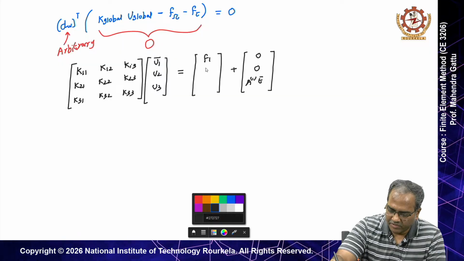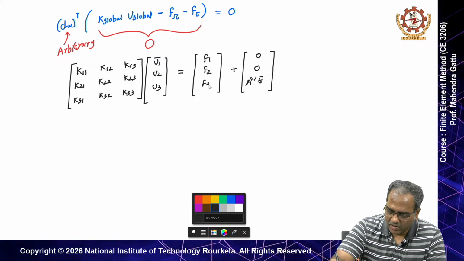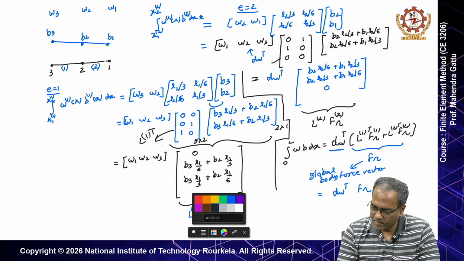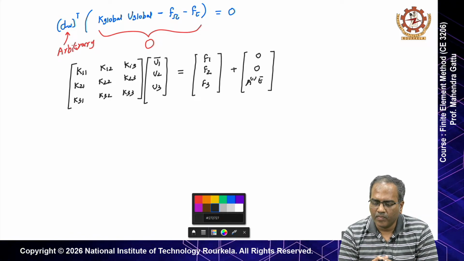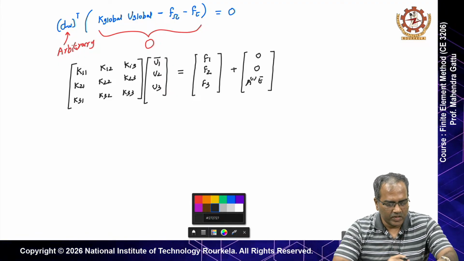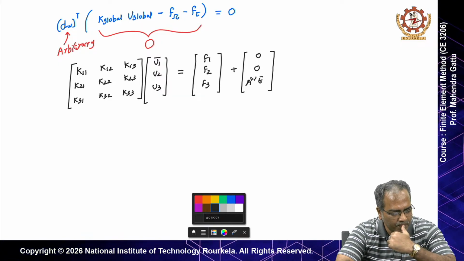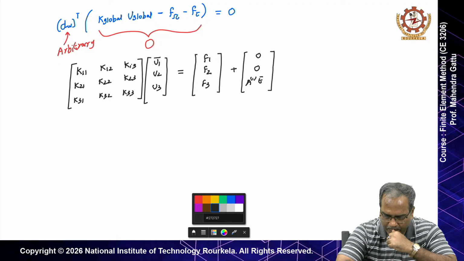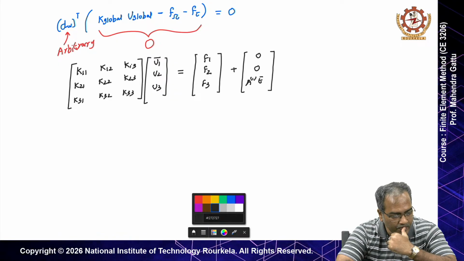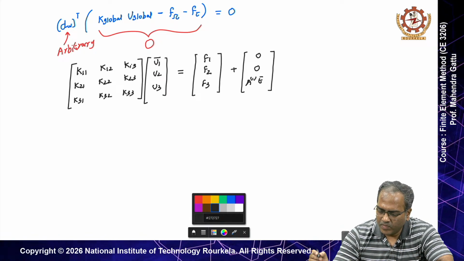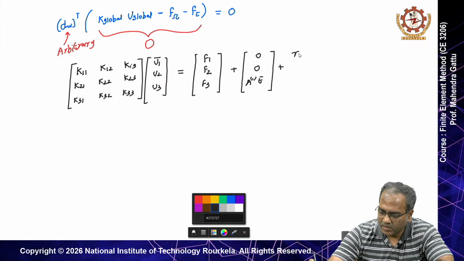And there was one more term which was the reaction term, so R1, 0, 0.